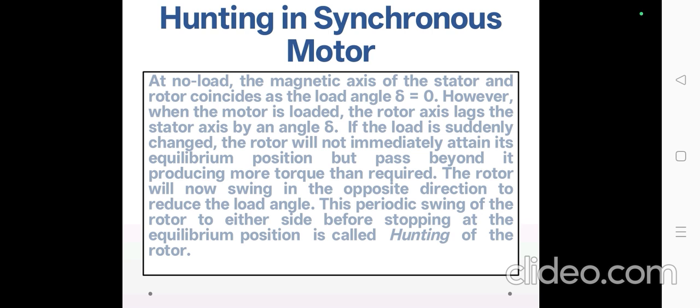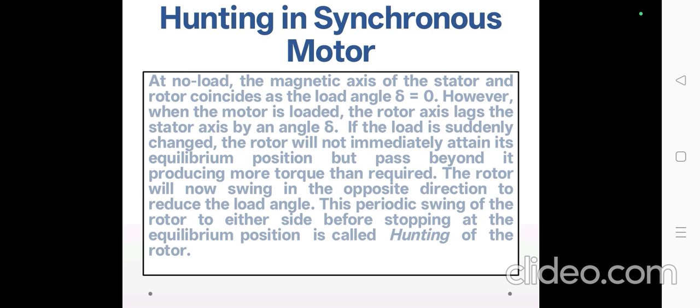If the load connected to the motor is suddenly changed by a large amount, then the rotor tries to retard to take its equilibrium position. But due to the inertia of the rotor, it cannot achieve its final position instantaneously. While achieving its equilibrium position, due to inertia, it passes beyond its final position corresponding to the new load.